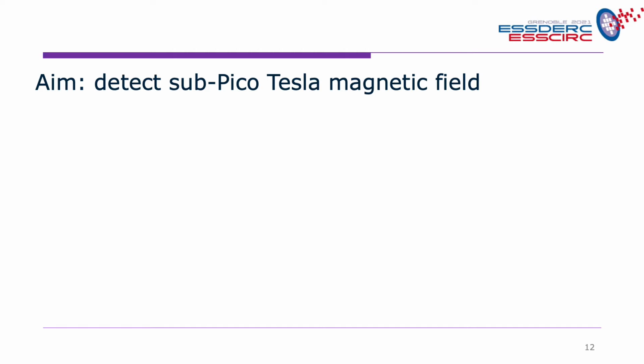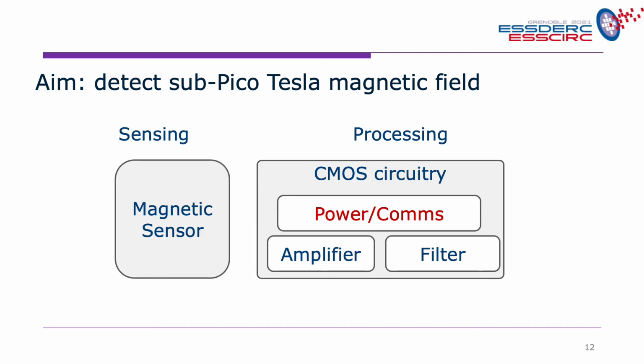The aim for us is to detect sub-picotesla magnetic fields, where the picotesla is the range of magnetic biosignals. If we look at the figure, we have magnetic sensors, and we also need CMOS circuitry for processing.